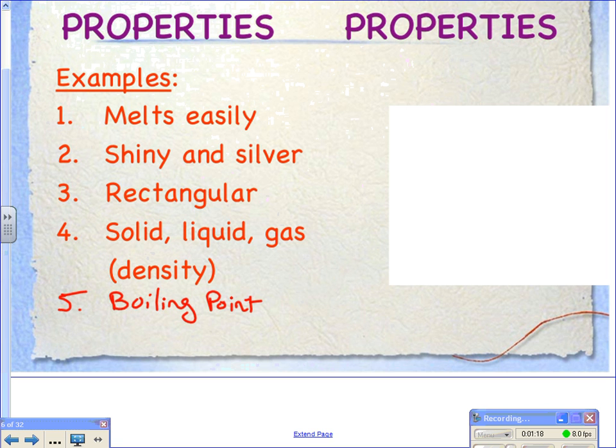Melting point, that would be this one here, melting point. So those are examples of physical properties when we want to describe some kind of matter.